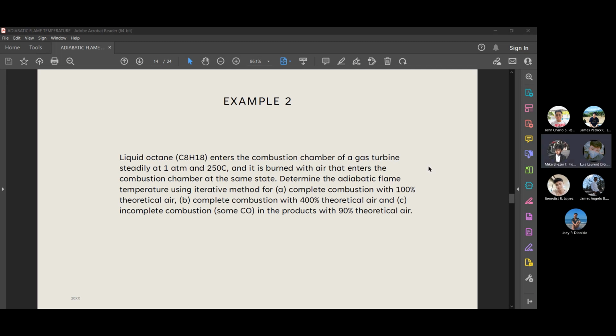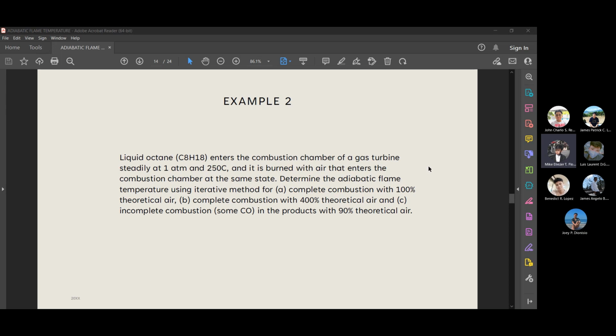So now, example number 2 would be presented by Eliser Flores. Our example number two states that liquid octane, or C8H18, enters the combustion chamber of a gas turbine steadily at 1 atm and 250 degrees Celsius, and it is burned with air that enters the combustion chamber at the same state.